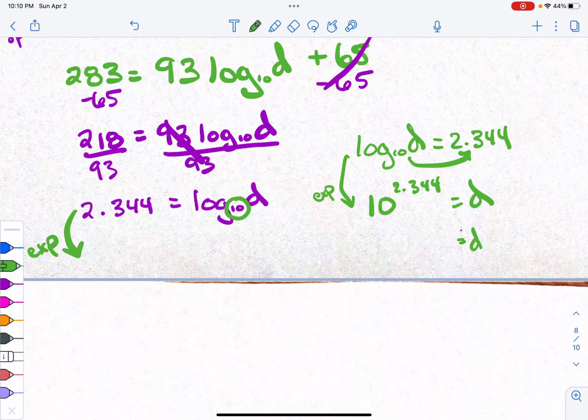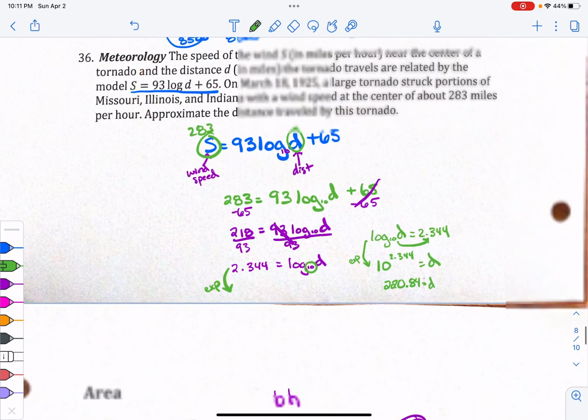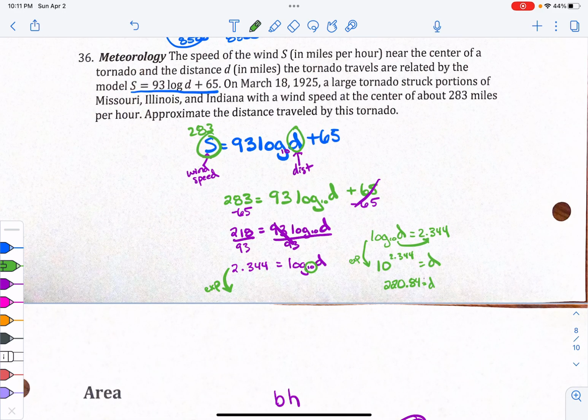I'm going to go back to the full decimal, 218 divided by 93, because it's a big long decimal, and then I'm going to take 10 to that power, and that is going to be like 220.84, and distance is in miles. If you got an answer that's slightly different than mine, it's because you probably typed in the 2.344. I just used the full decimal again.